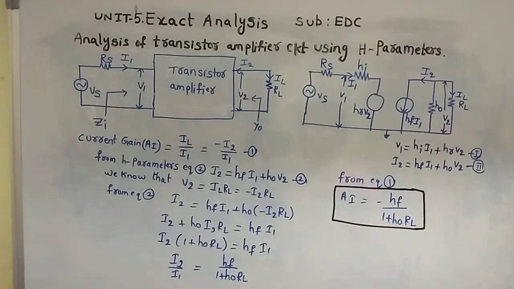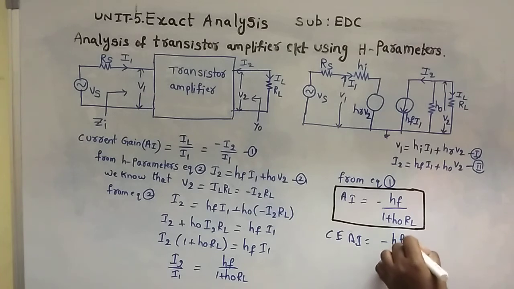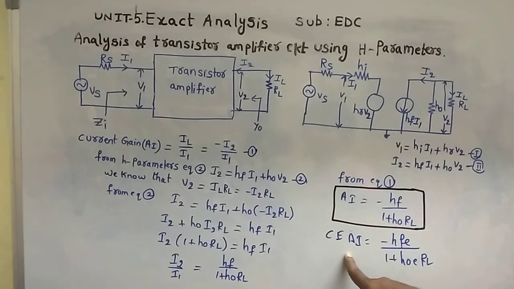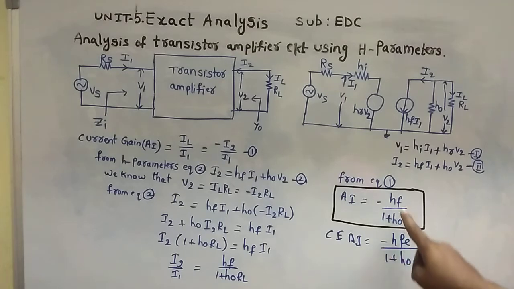Again, no need to draw the circuit. If you want to find the current gain for common emitter configuration, after deriving this you can directly write: for CE, AI is equal to minus HFE by 1 plus HOE into RL.